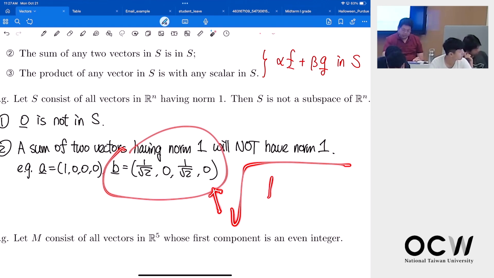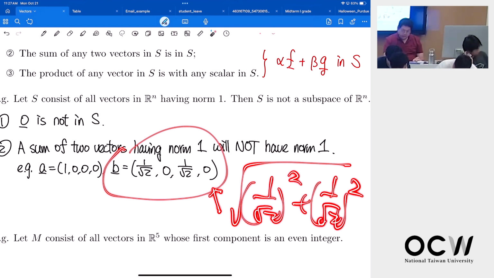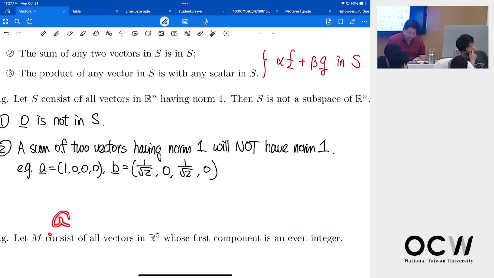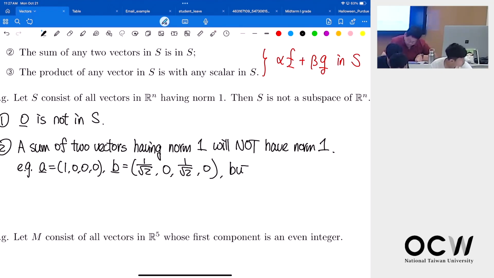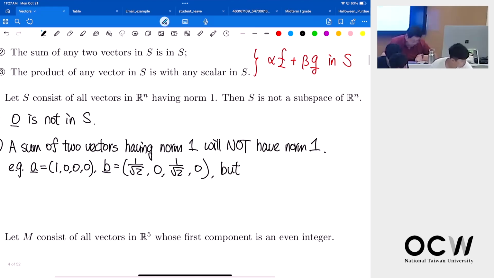Because the square plus the square should be 1. So the norm is also 1. But A plus B, the norm is square root of 2. This norm is not 1.